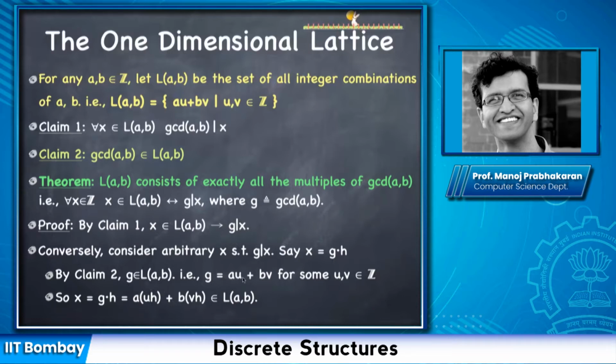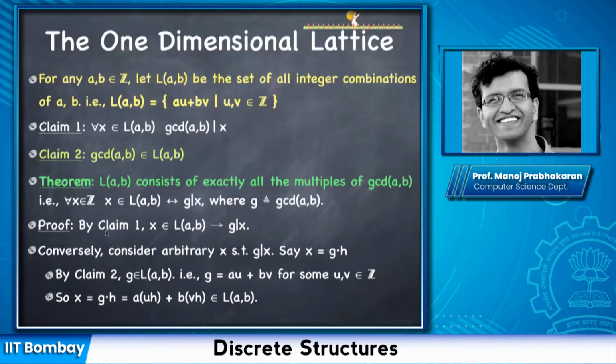All I did was change this U and V to UH and VH. So this is basically saying I could take any element in LAB, multiply it by some element H, and I'll still land in LAB. So this X still stays in LAB.